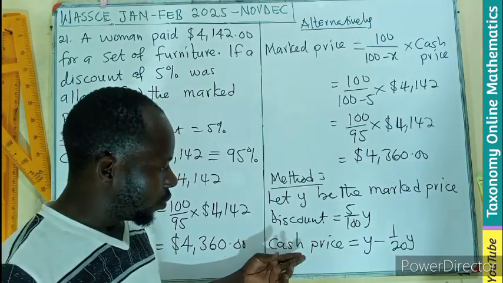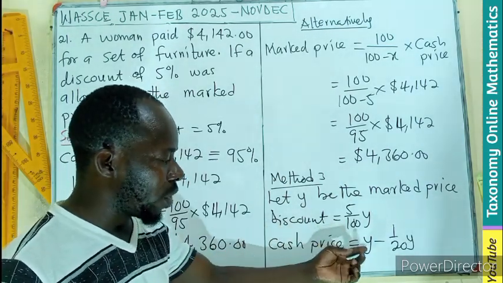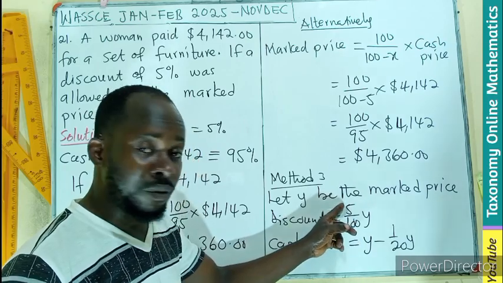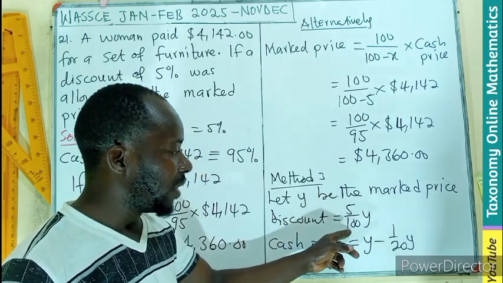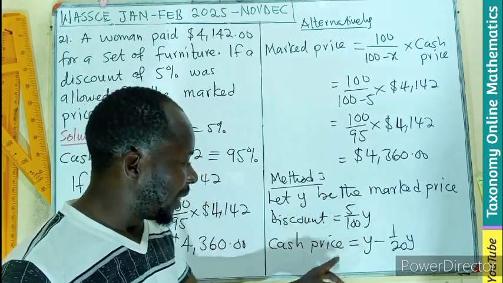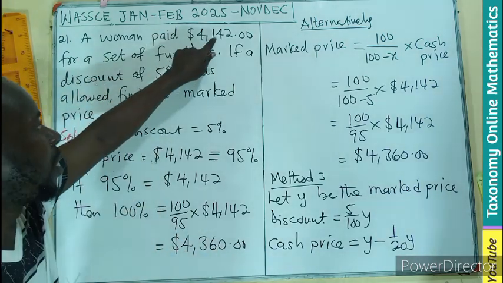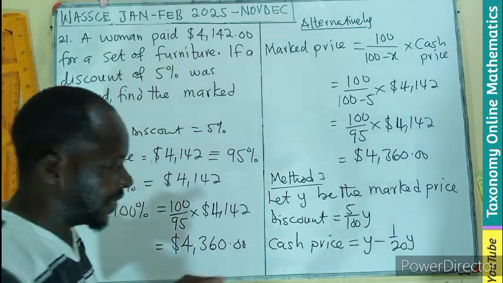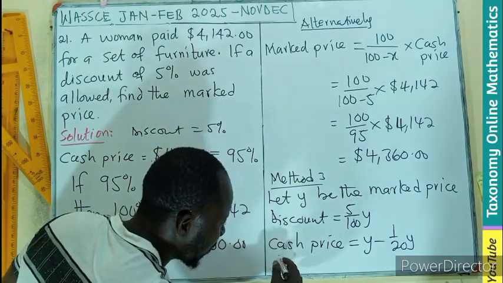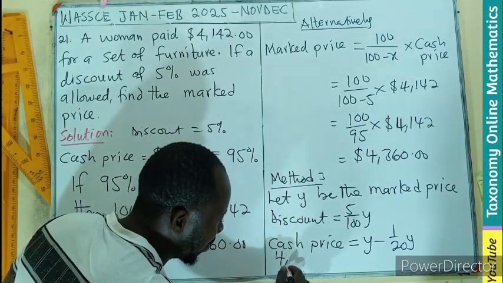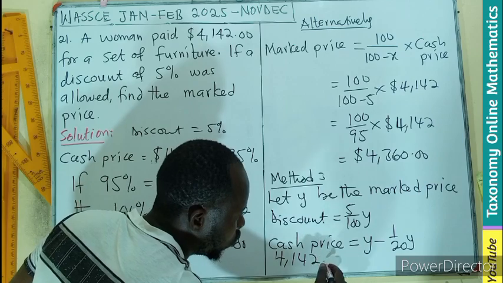So now the cash price equals y minus, remember, 5 will go into 100 20 times, so 1 over 20 of y. This cash price has been given in the question as 4,142. So let's substitute that. I have 4,142 equals y minus y over 20.